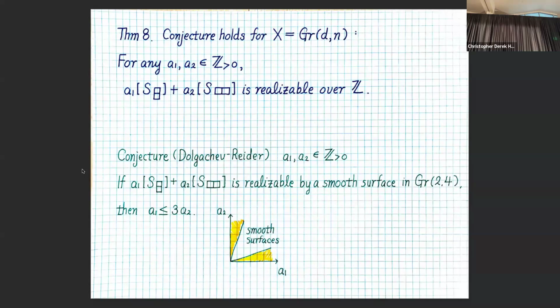And the condition is that for any two positive numbers, A1 and A2, the corresponding linear combination is realizable over C. When one of the two numbers is 0, there are some cases where you have to distinguish depending on the values of k and n, but you can also completely understand these boundary cases.